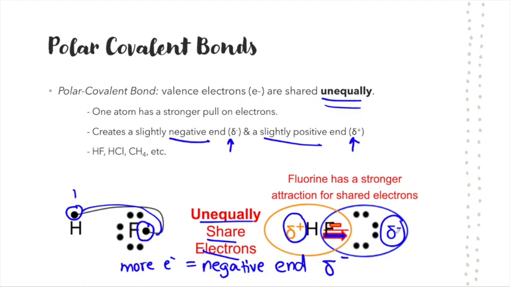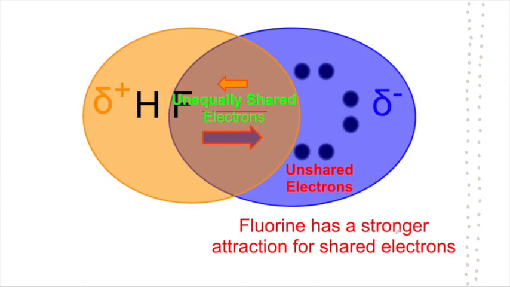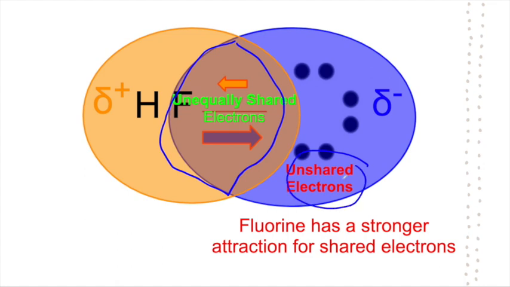Alright, let's move on. This is just a more enlarged picture. You can see more clearly that this shaded region here is where the bond is happening. This is where the unequally shared electrons exist, and these are the unshared electrons. The same thing here would be the unshared electrons. But you're not seeing anything on hydrogen because it only needs those two, as it's one of our exceptions.